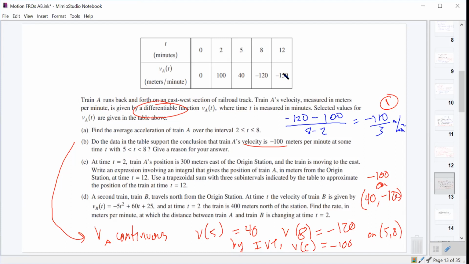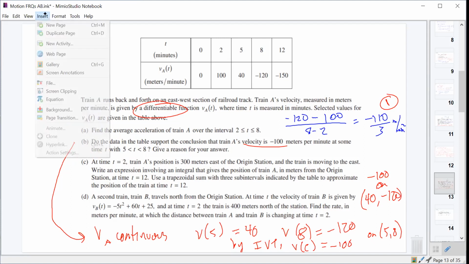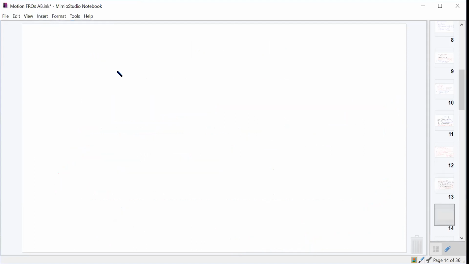So we want to write an expression involving an integral that gives the position of the train at t equals 12, and then we're going to use the trapezoidal sum to approximate that. So first off, if we know where it is at t equals 2, then we're going to need to integrate from 2 to 12 of that velocity.